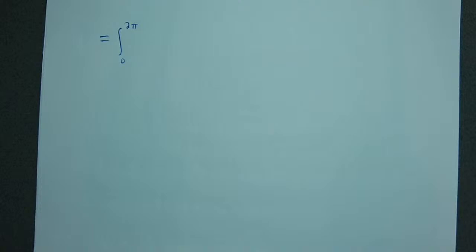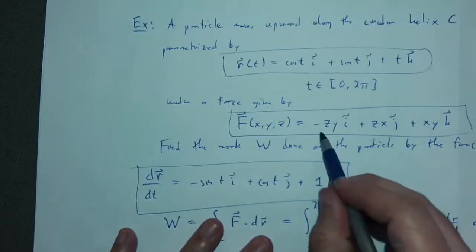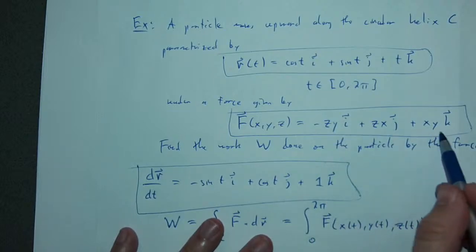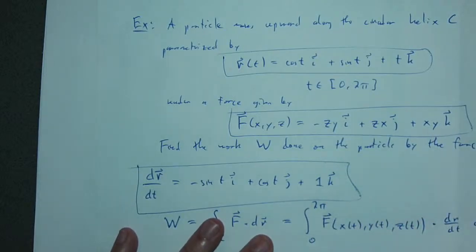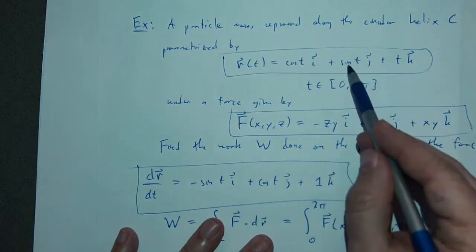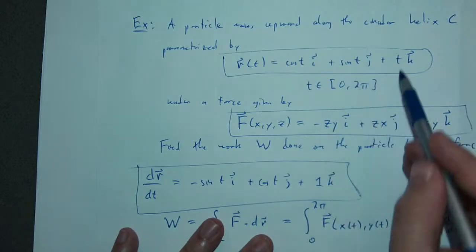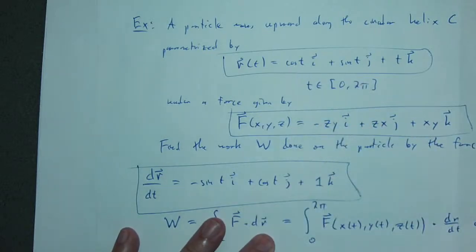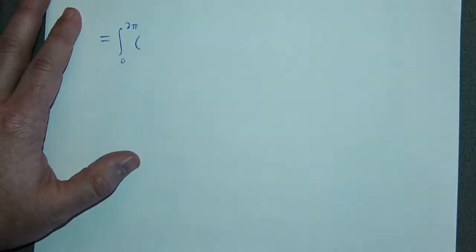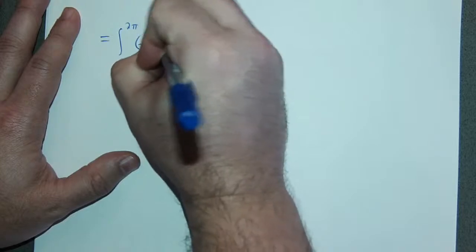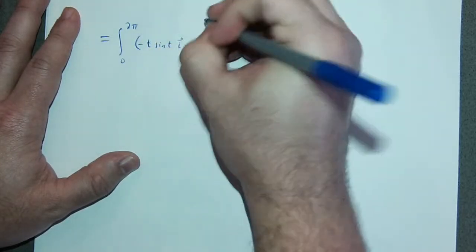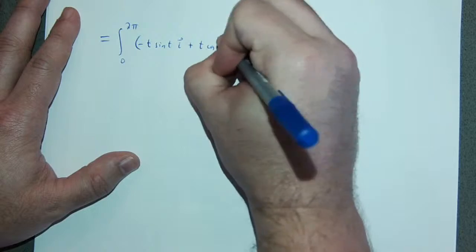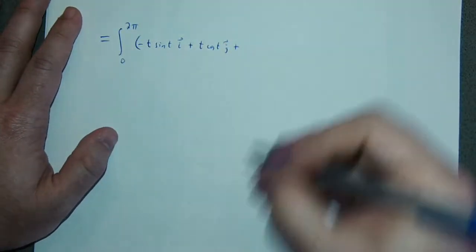Okay, and so what do I get when I do that? So F is minus zy, zx, xy. Right? So this is going to be minus t sine t, plus t cosine t, plus cosine t sine t, right, is going to be my F with that parameterization plugged in. So writing that out, this is minus t sine t i plus t cosine t j plus cosine t sine t k.